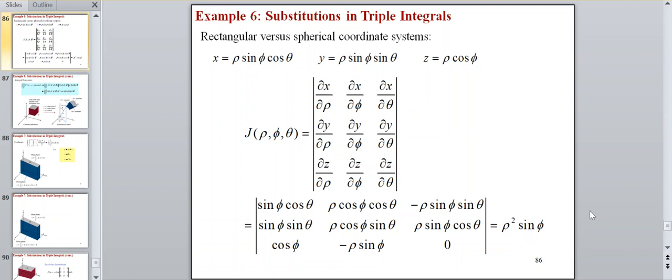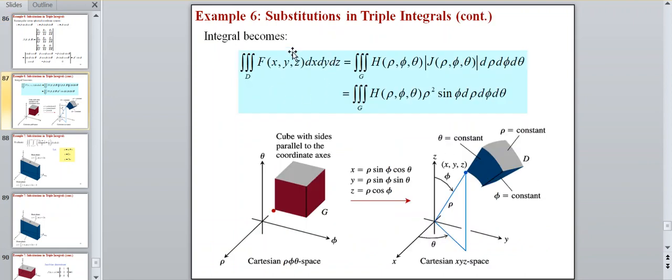So look at the next page. Yes, here. We have this integral of f of x, y, z, dx dy dz on D. So we are using a spherical coordinate system for our substitution. We put the value of x, y, z in terms of rho, phi, theta. So we get a function of rho, phi, theta, d rho d phi d theta, and the Jacobian of a spherical coordinate system is rho squared sine phi. And we don't need to put the absolute value. We can remove it because rho squared is non-negative. How about sine phi?